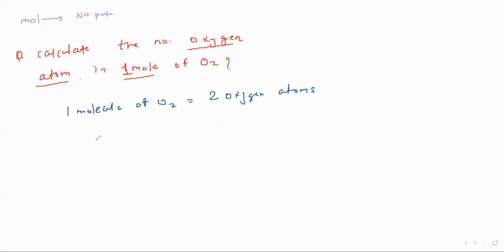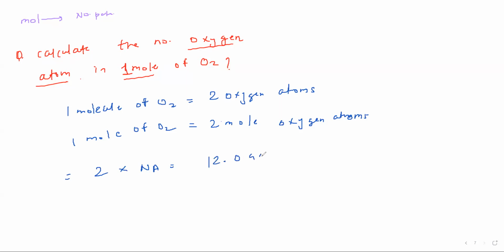So obviously 1 mole of O2 will have 2 moles of oxygen atoms. Simple calculation, right? So obviously 2 into Avogadro's number. Yes or no? So you get 12.044 into 10 raised to 23 atoms.